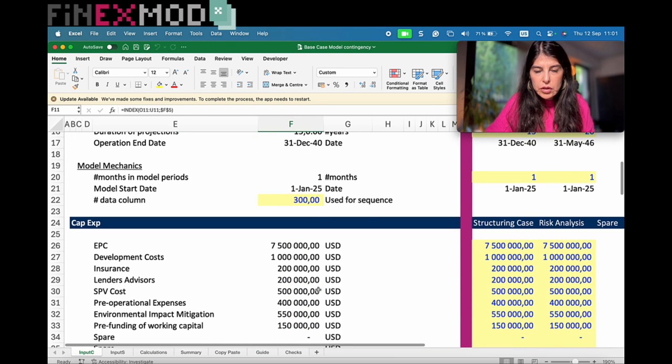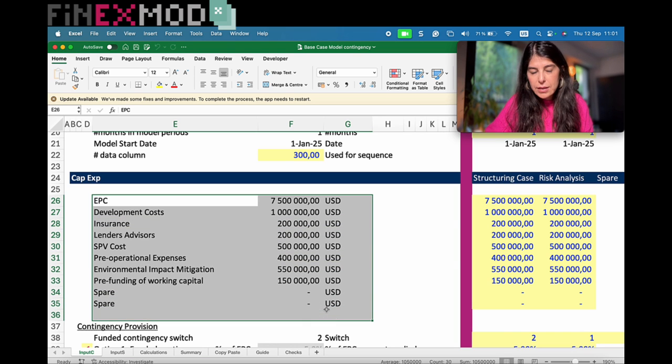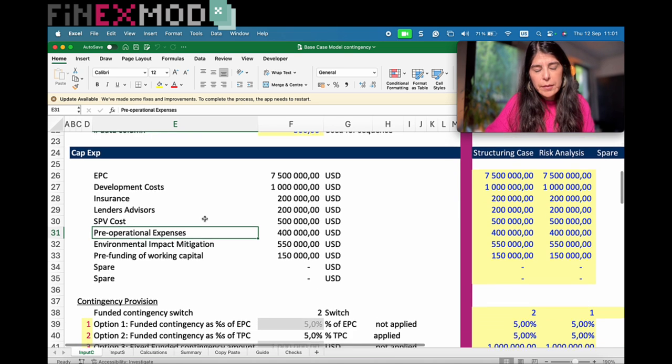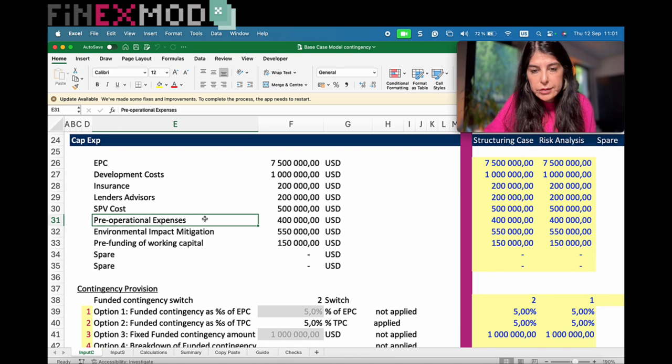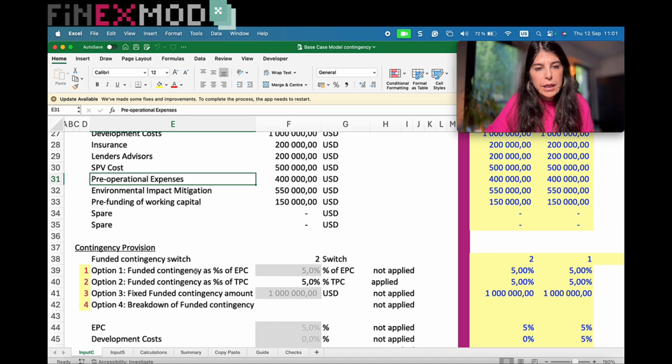So in terms of contingency here, you see that I have these base cost estimates for my different costs, EPC, development cost, insurance, and so on. But when it comes to contingency, I provide 4 options, okay?